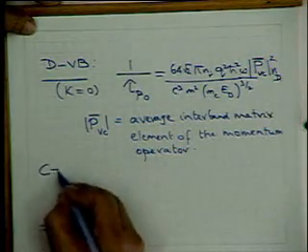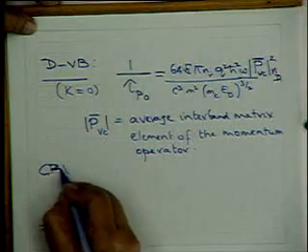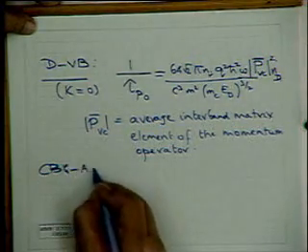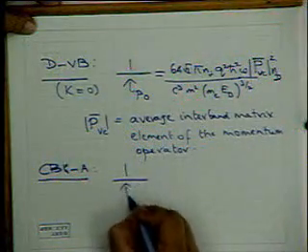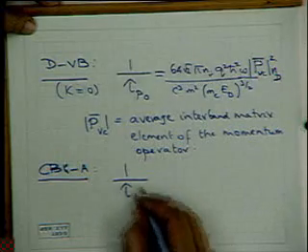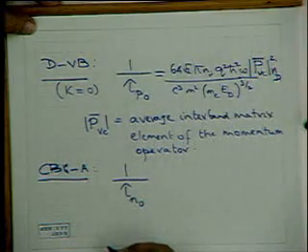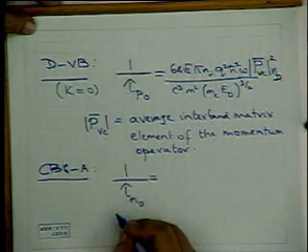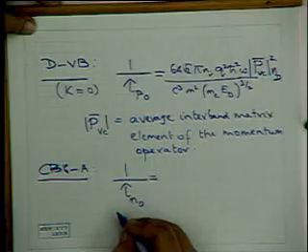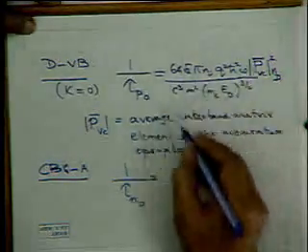For the conduction band to acceptor transition, a similar expression has been found. The lifetime of electrons is given by the same constant as here.